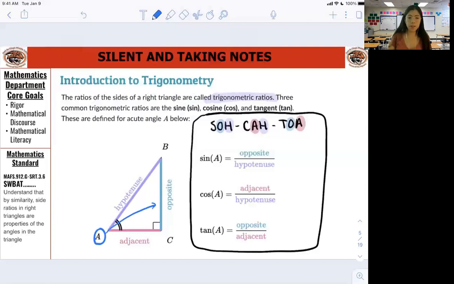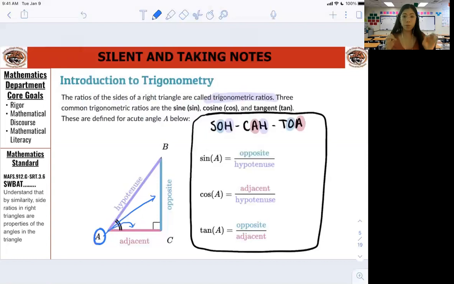So it's opposite over hypotenuse. Cosine is adjacent, so it's next to angle A, adjacent over hypotenuse. And then the tangent of A is the opposite over the adjacent.